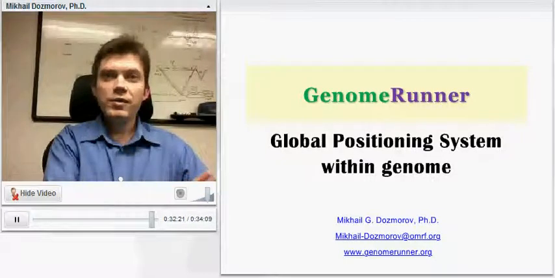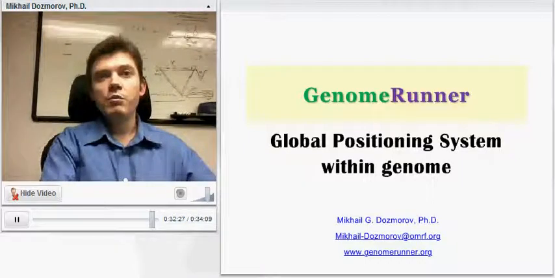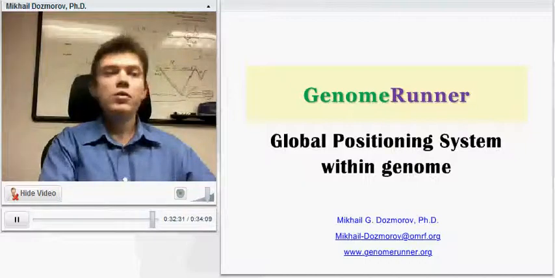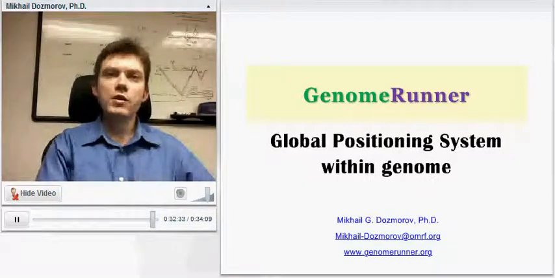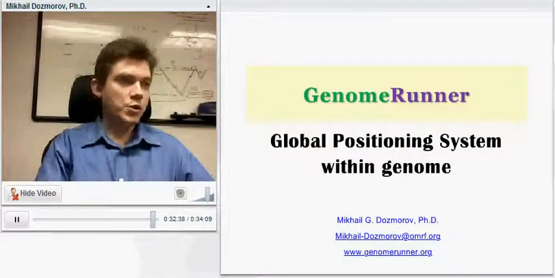But as I mentioned, in a week or two, there will be a new version of Genome Runner that will be able to work with the latest HG19 genome assembly and coordinates in it, and with mouse, the latest assembly of the mouse genome.